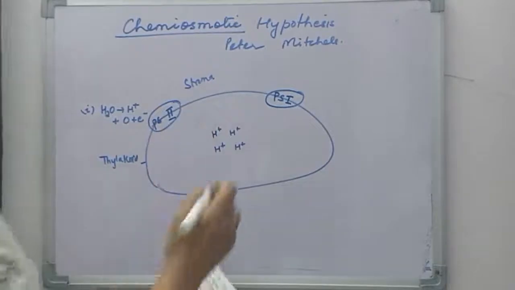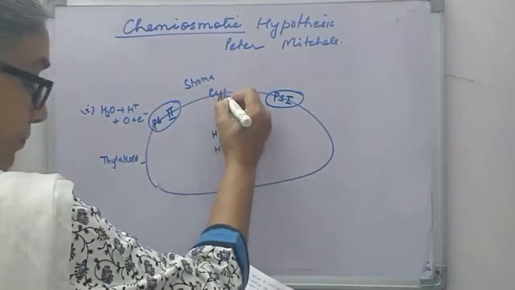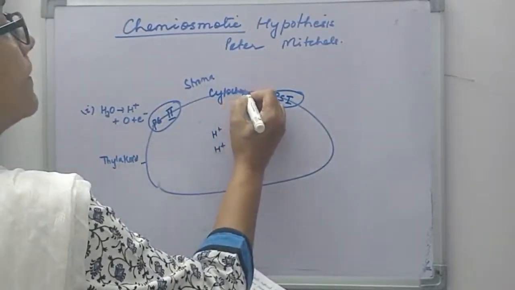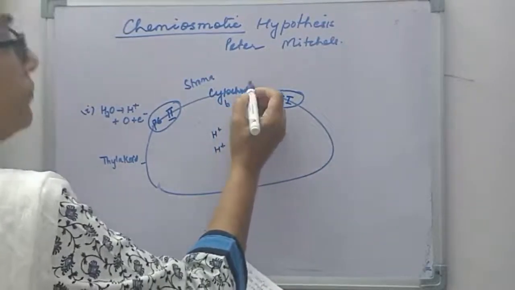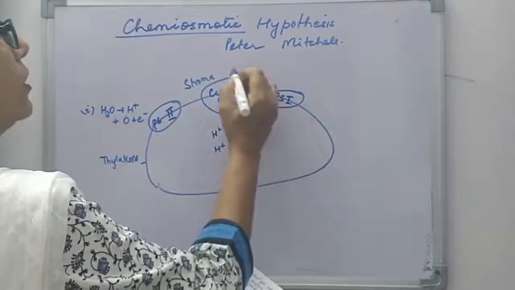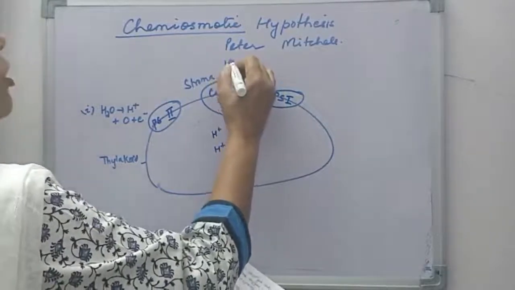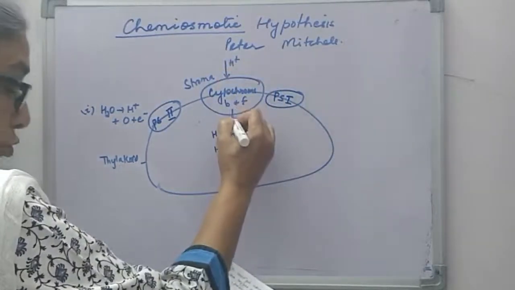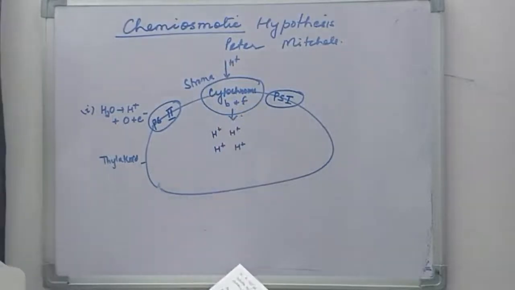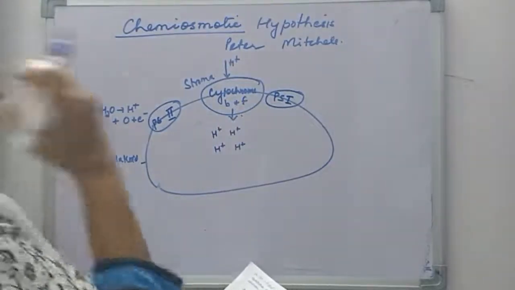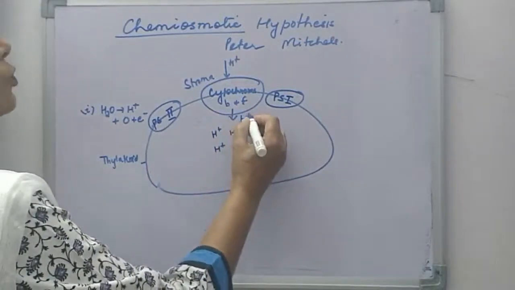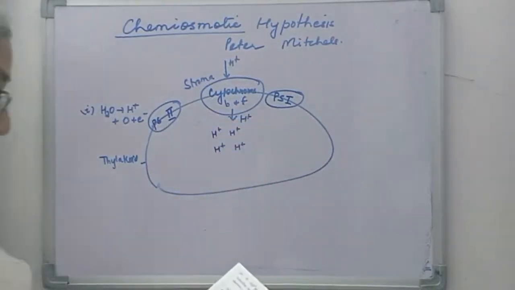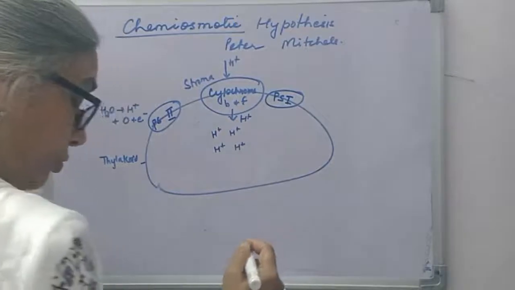Then there is cytochrome B and F on the thylakoid. Protons from the stroma move into the lumen, and this is by the electron carriers. There are protons in the lumen.